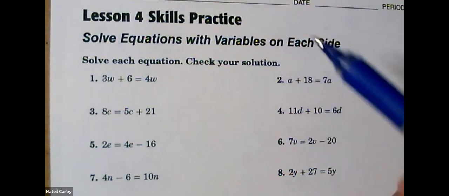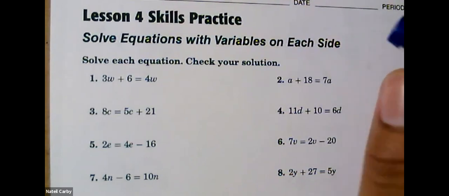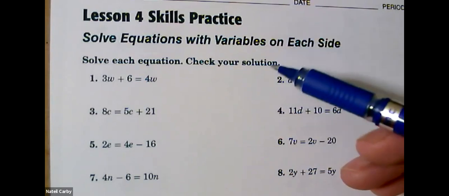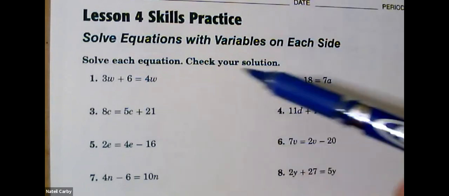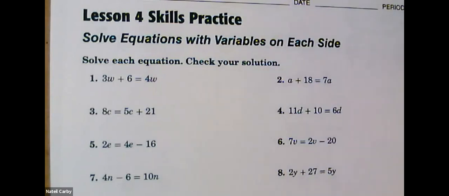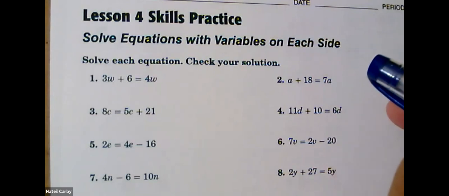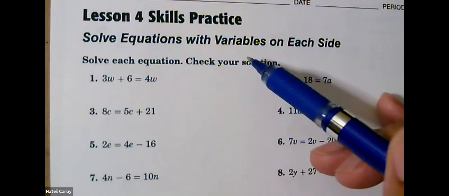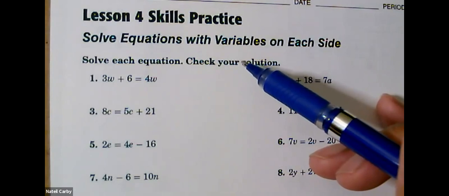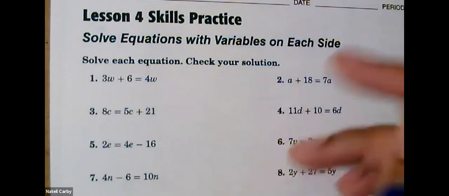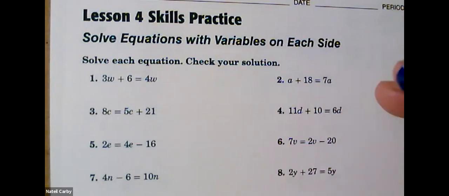This I'm gonna put into Schoology, so you just go ahead and work it out in Schoology so you get the automatic feedback. But let's talk about a few of these so you get the hang of it and understand the concept of solving variables on each side. This will come in handy, especially when we get to systems, because you need to convert from standard form into slope intercept. It's the same principle.